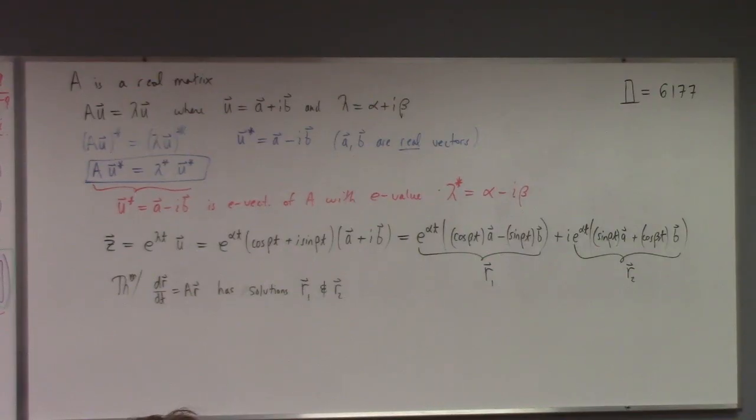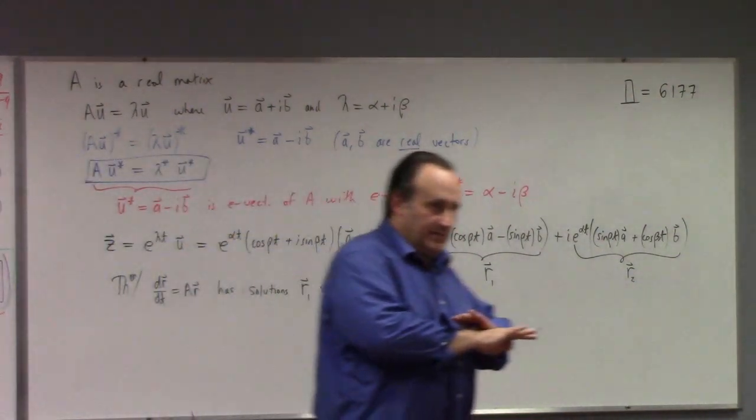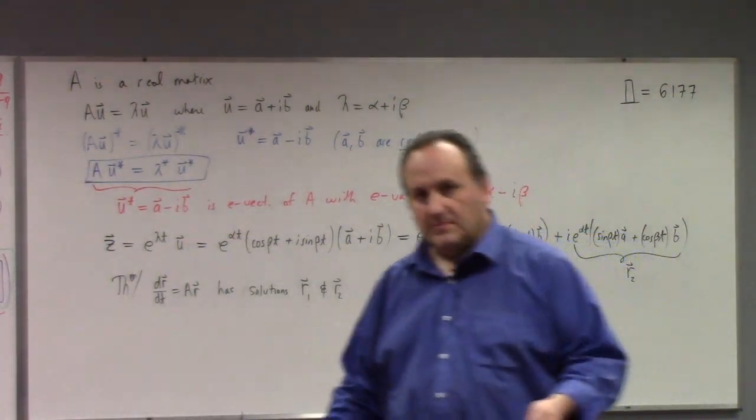And this is the general form of any lambda equals 2 plus 3i eigenvector. So there are a stupid number of possible eigenvectors you could have found here.